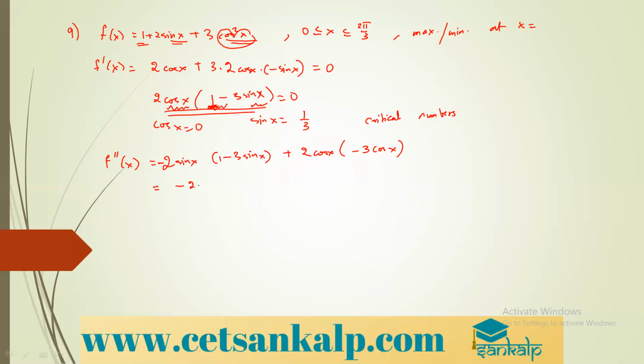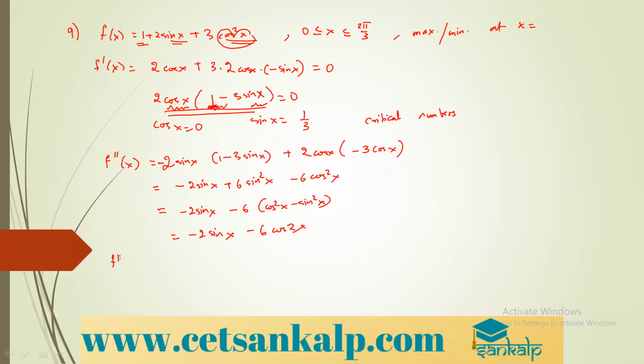That means you have minus 2 sin x plus 6 sin square x minus 6 cos square x. Or minus 2 sin x, take minus 6 common, cos square x minus sin square x, or minus 2 sin x minus 6 cos 2x.